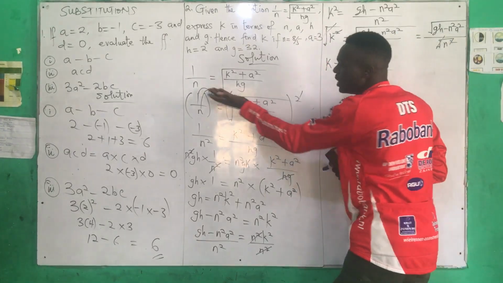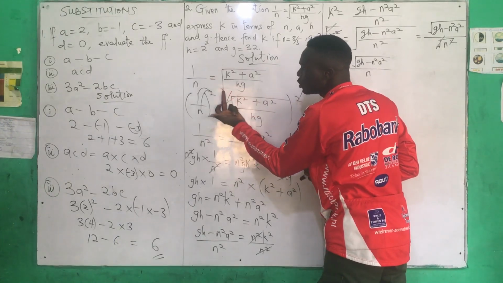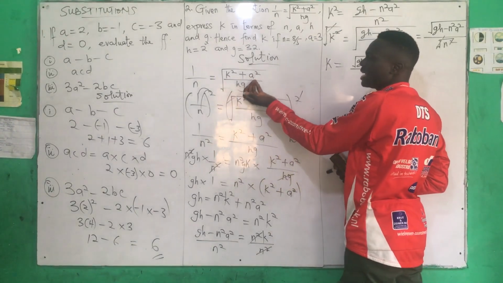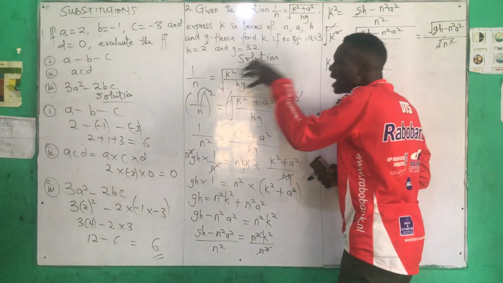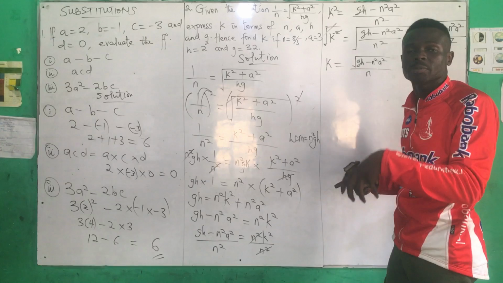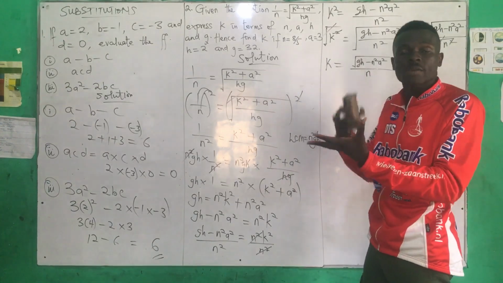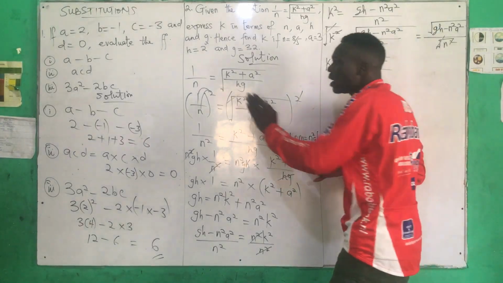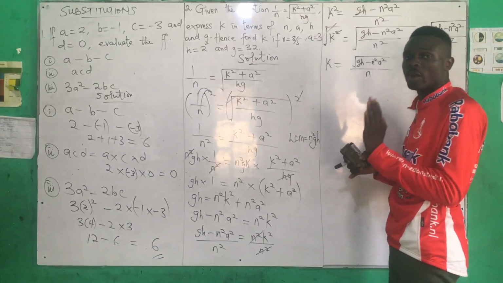Now, first of all, the relation was given as this: 1 over n is equal to the square root of k squared plus a squared all over hg. Now, once we are making the variable the subject, and this involves a square root, whereby the variable we are interested in is in the square root, we are going to square both sides so that we can get rid of the square root.